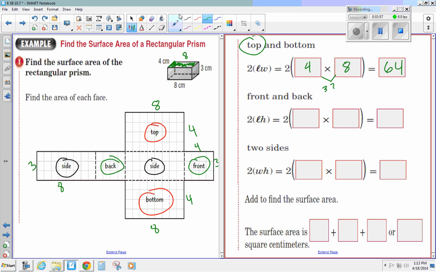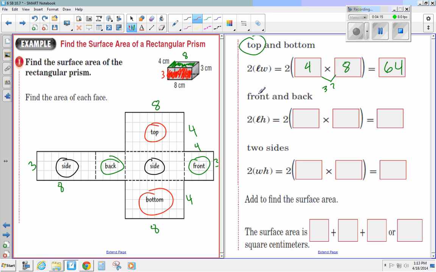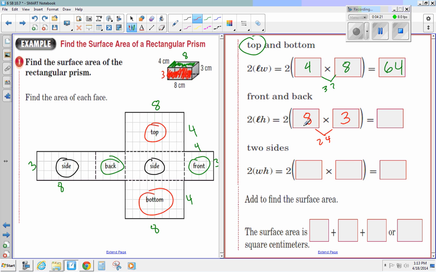Now looking at the front and back, this is the front part. It's 8 by 3. So that's 24 times 2 is 48.